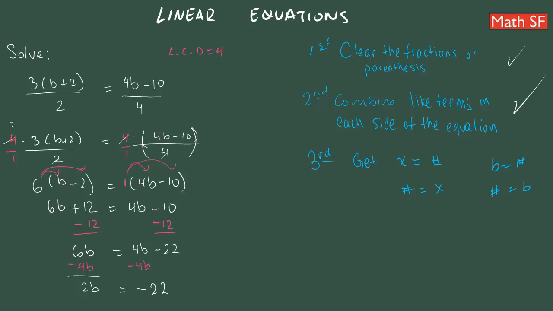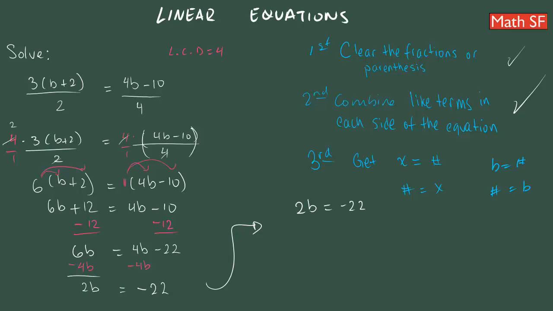Now I'm running out of space in here, so how I recommend you go through your equation is to go all the way down. Okay, so in this case, just because I don't have space, I'm going to do this here and say, okay, I have 2b equals negative 22.